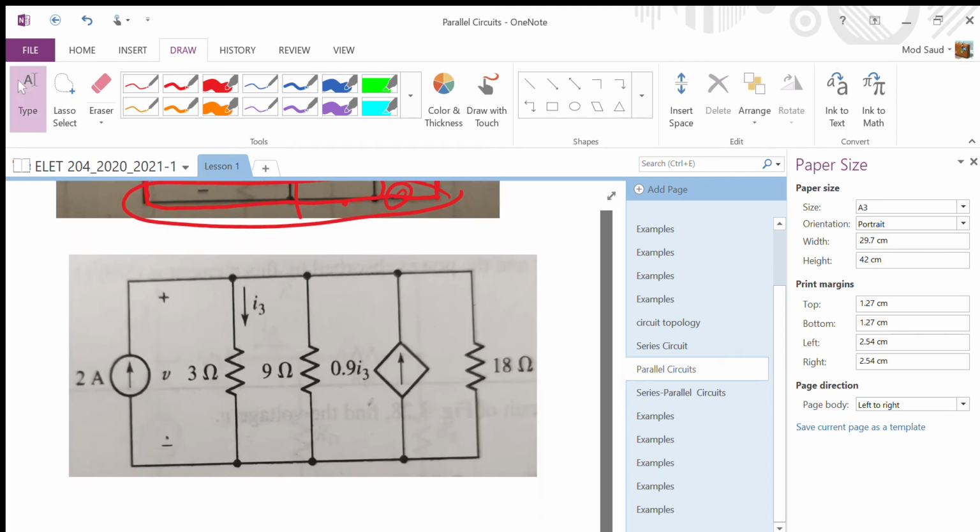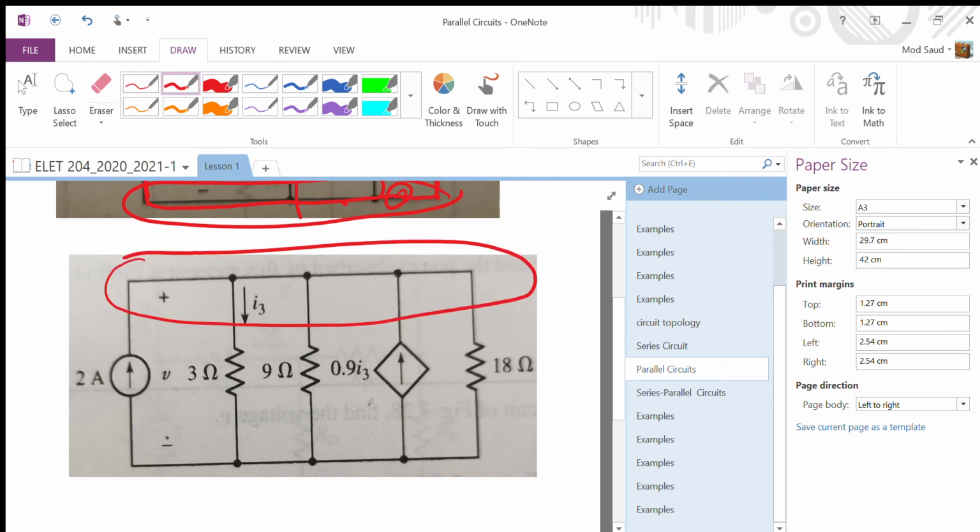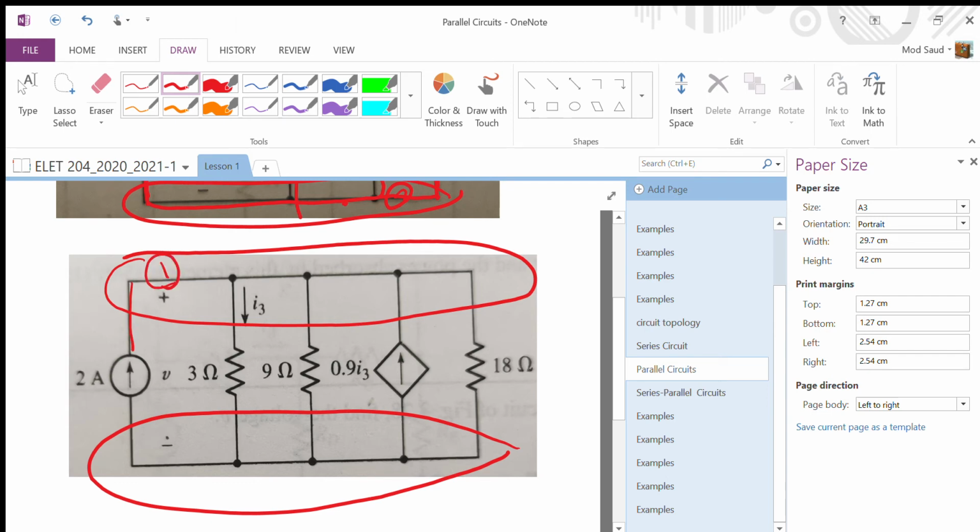What about this one? This is again another parallel circuit. Why is it a parallel circuit? How many nodes? Only 2 nodes. This terminal, number 1 node, connecting this terminal with that, with all these. The other node connecting the other terminals in each element in the circuit.